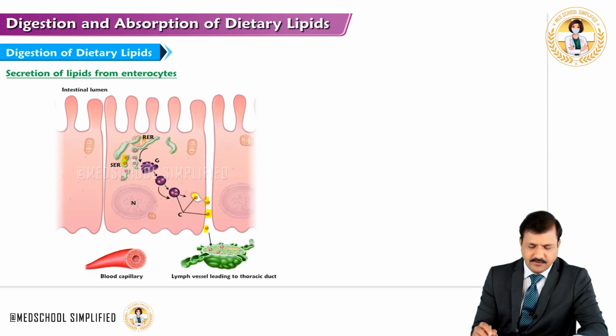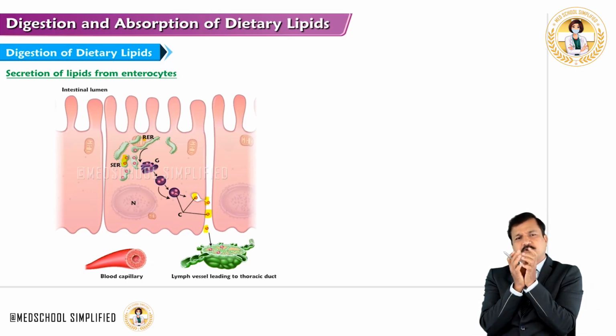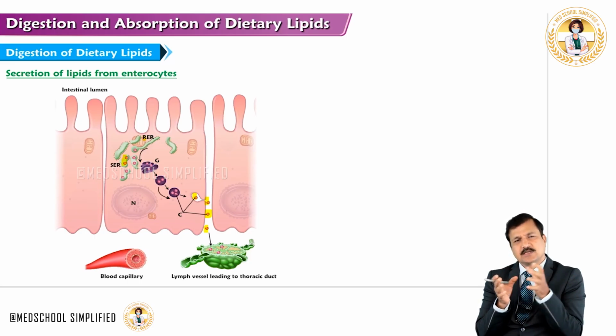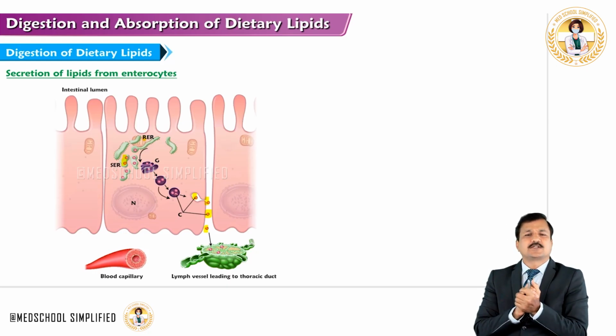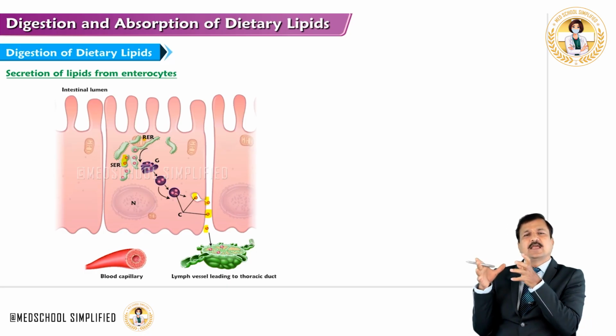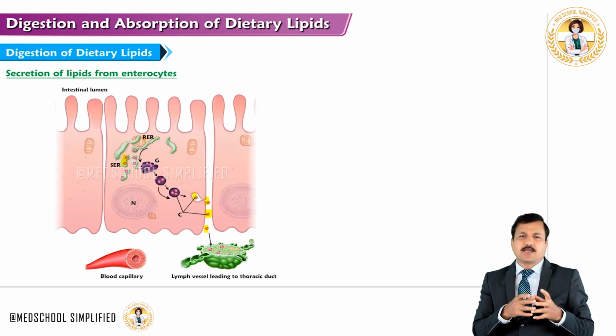In the rough ER we have apolipoprotein B48. Once things are loaded, the chylomicron which is formed there will be diverted into the Golgi complex, and the Golgi complex makes secretory vesicles, and the chylomicron is exocytosed into lymphatics rather than portal capillaries. The reason for that is that lymphatic fenestrations are much bigger than those of the portal capillaries.